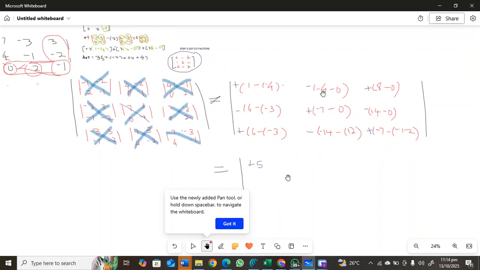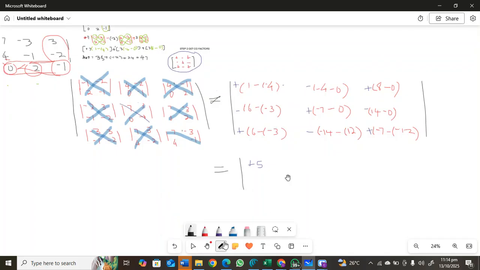Here we have negative 4 minus 0, that is negative 4. So since there's a negative outside and we have a negative 4, it becomes positive 4. Which one?